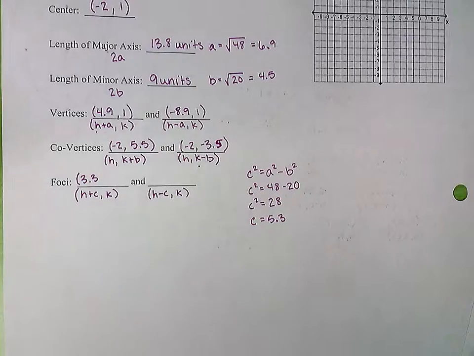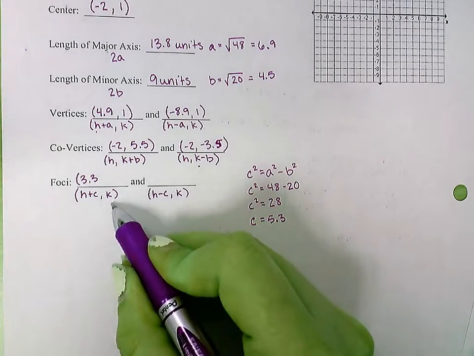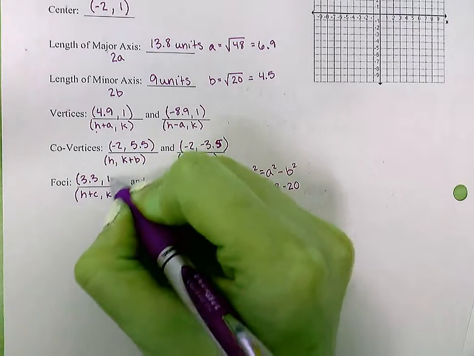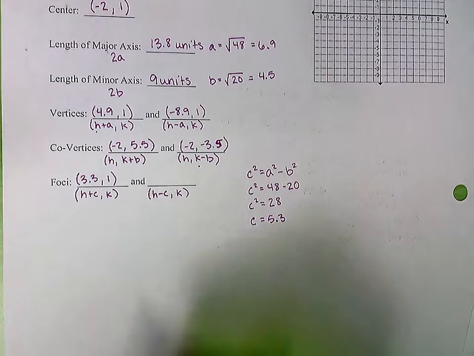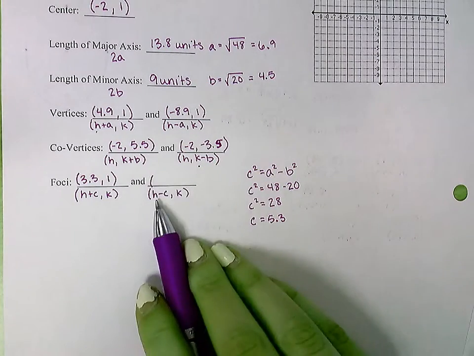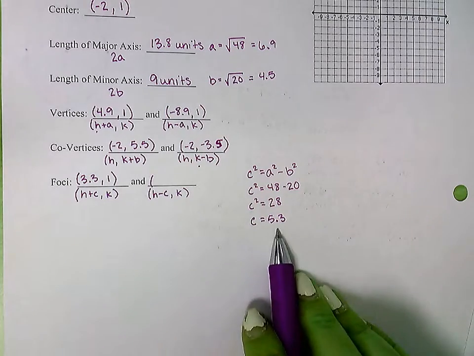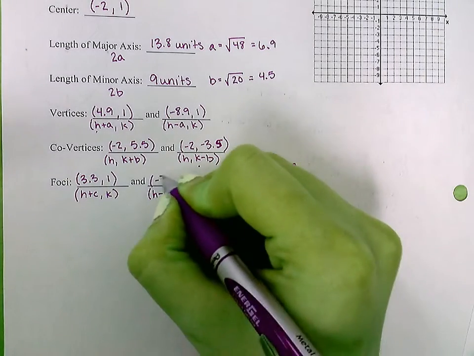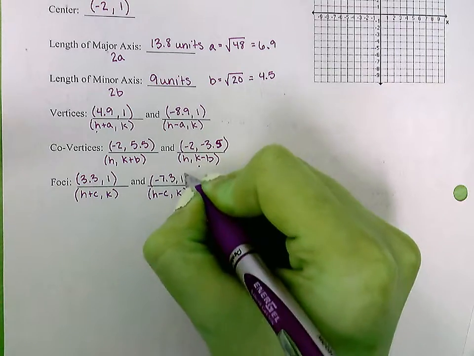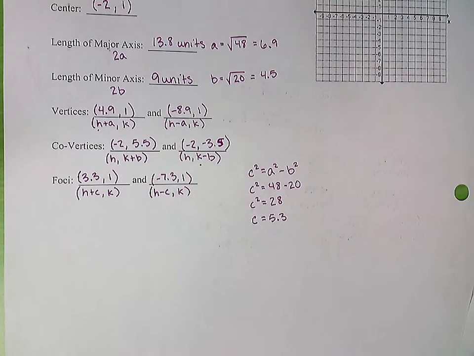That will be 3.3, and k will stay the same at 1. Then we'll take our h value, -2, and subtract 5.3, which is -7.3, and again k stays 1.